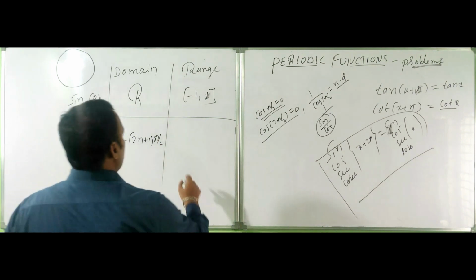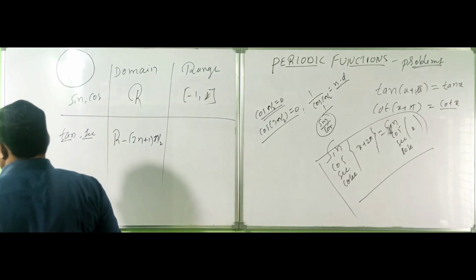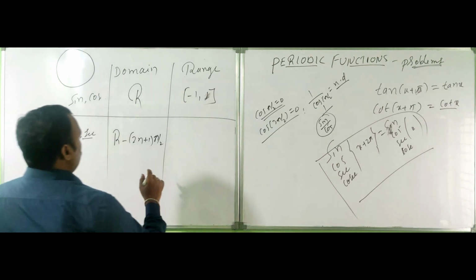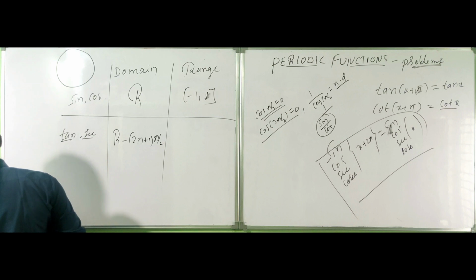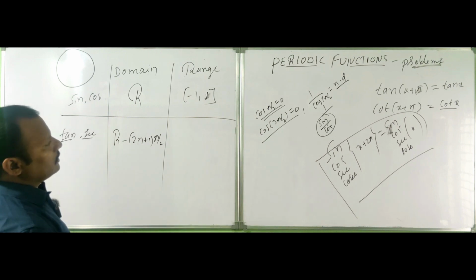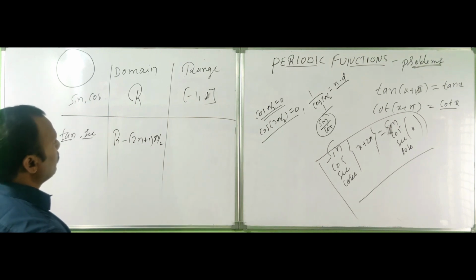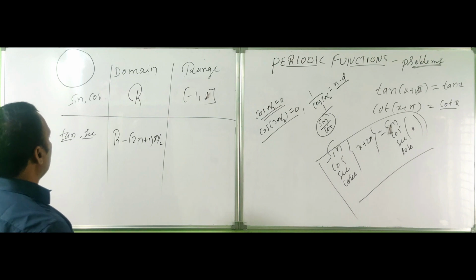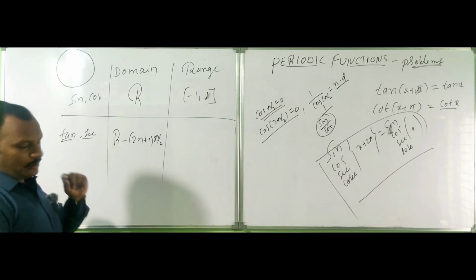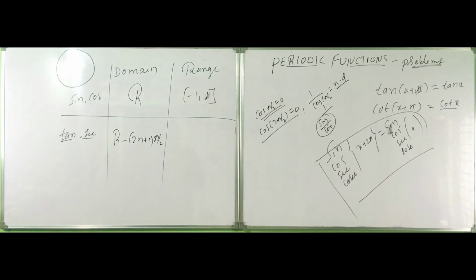What is the range here? Tan 90 is not defined.